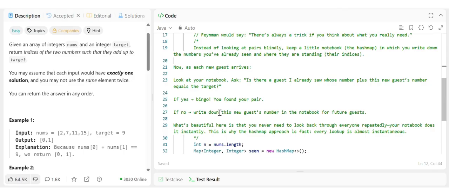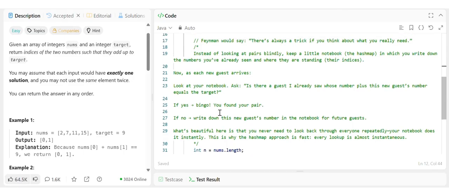Let me explain this. You have a party at your home. You have a bunch of guests that you have called over to the party. You have a notebook with you. Your goal is to find exactly two guests at the party whose numbers add up to the target.